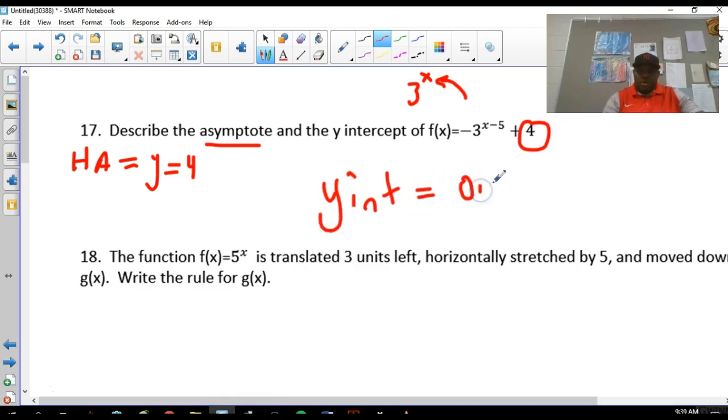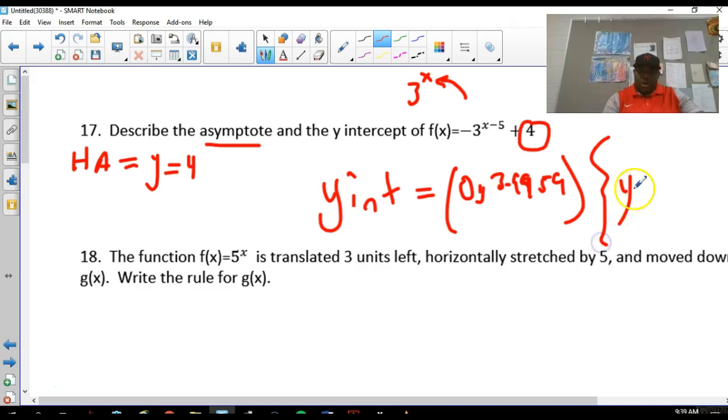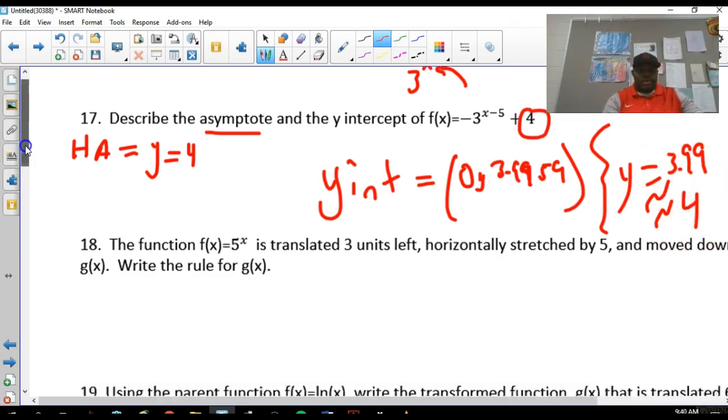You can put it as (0, 3.9959), or some people just write y equals 3.99. Approximately 4. Okay, so there's your y-intercept.